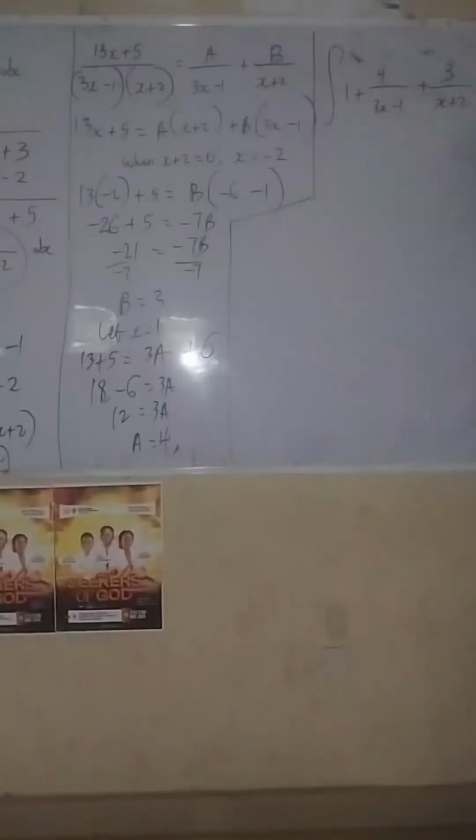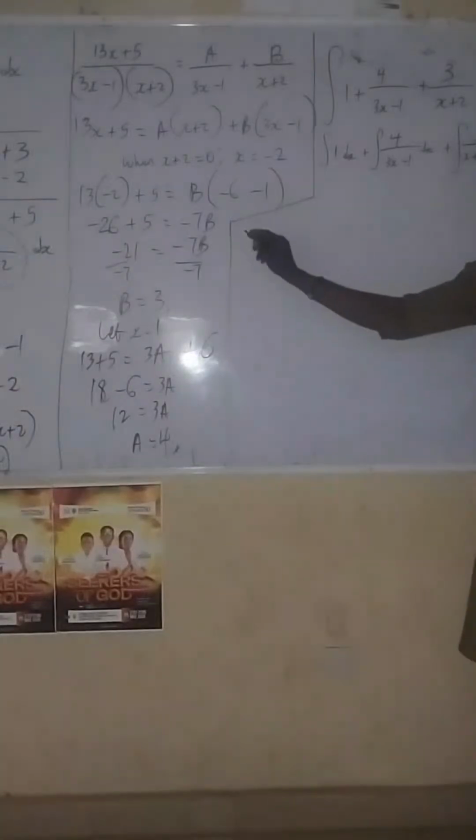Now that we have it in a simpler way, we separate them. That means integral of 1 dx plus integral of 4 over 3x minus 1 dx plus integral of 3 over x plus 2 dx. Now, if you integrate 1, I told you earlier, if you integrate 2, you get 2x, so integrate 1, you get x. That's x plus.